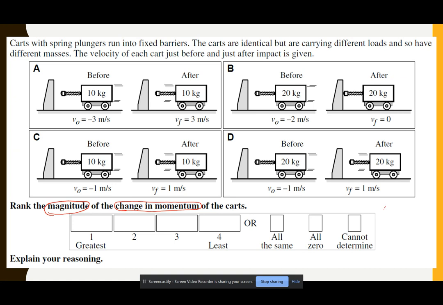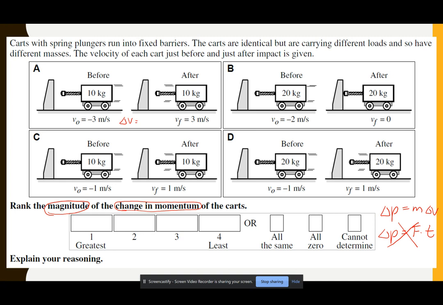So again, we have two equations for change in momentum. We have mass times change in velocity, or we have our impulse to be force times time. Now the information it gave us, it's giving us mass and it's giving us velocity. So we don't need that one. So we need to figure out the change in velocity first.